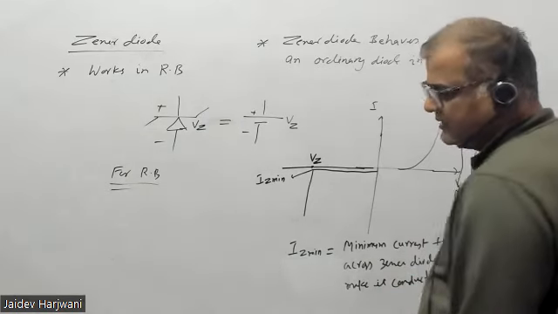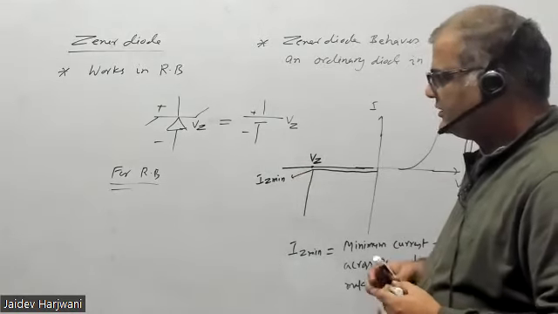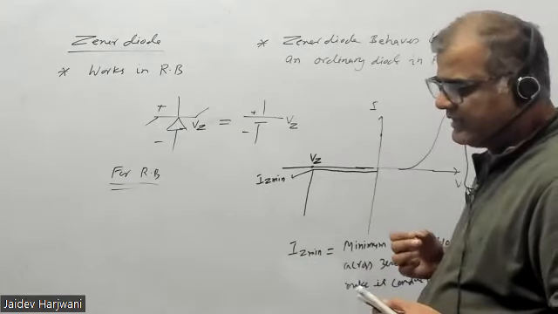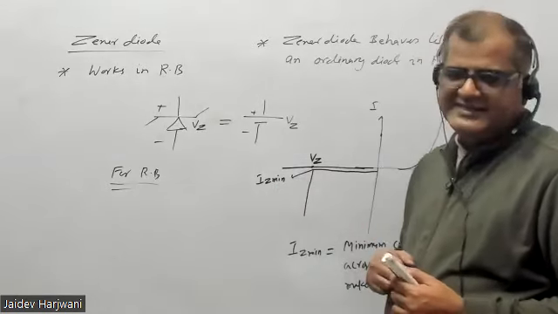That means whenever the Zener diode is just on, suppose this Zener voltage is 5 volt, and you apply 5 volt, at that time a minimum current will be flowing in that Zener diode. That is called IZ minimum.